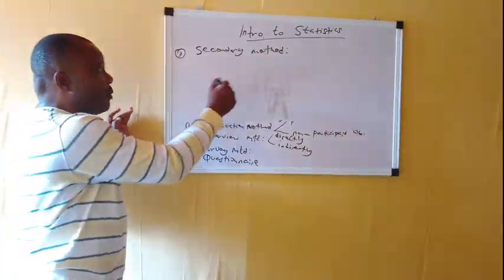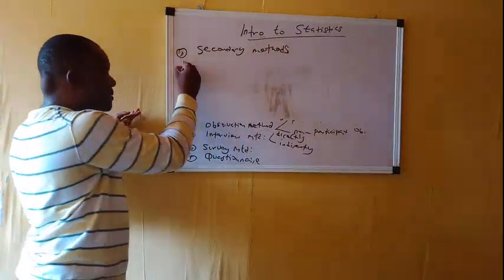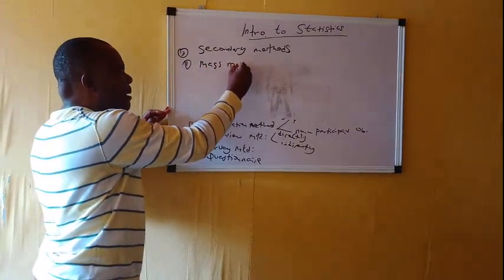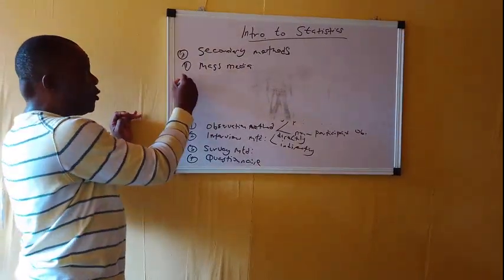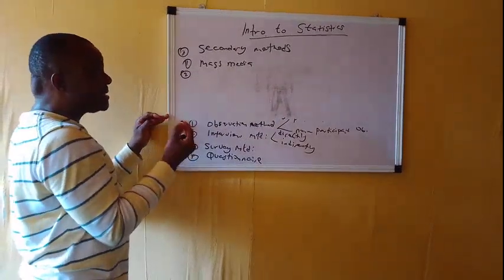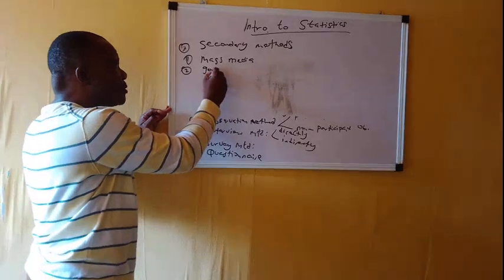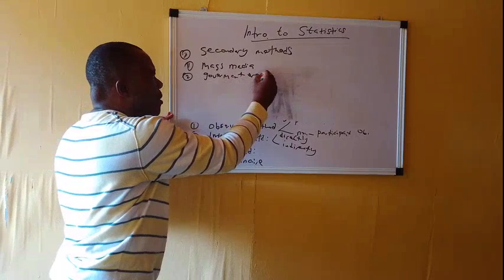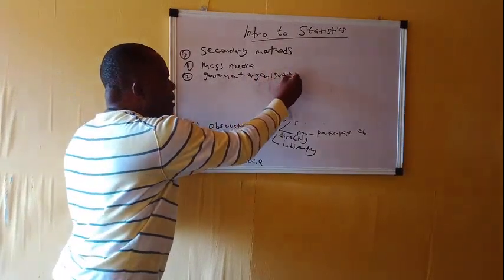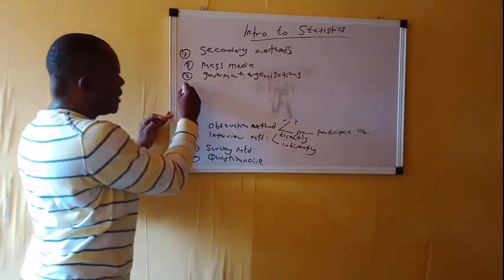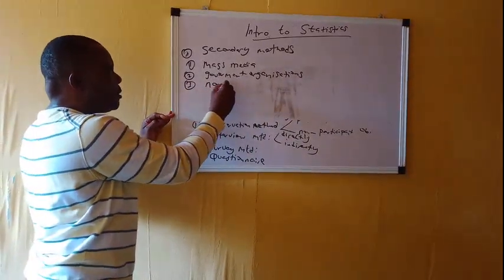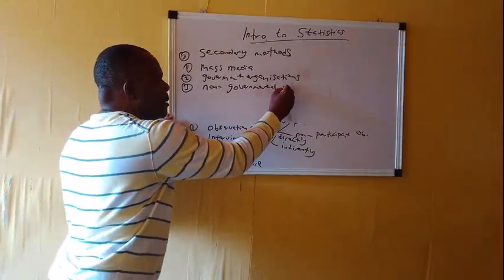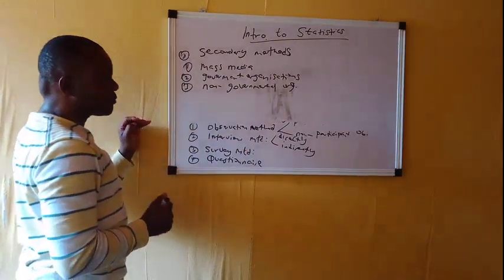And the methods we can use are: number 1, we can use the mass media. Number 2, we can get data from government organizations. Then we can also get from non-governmental organizations.